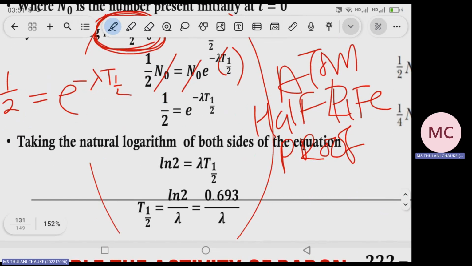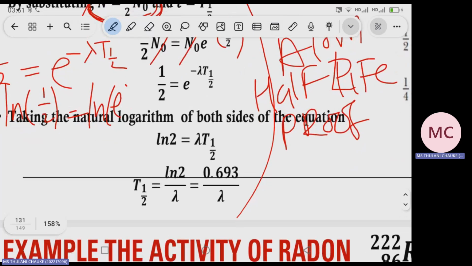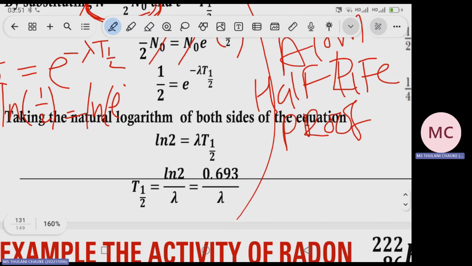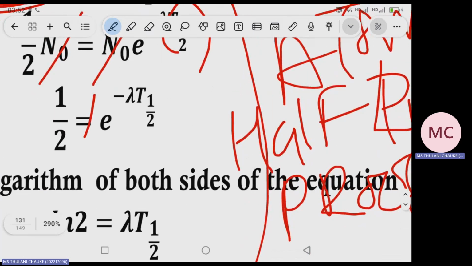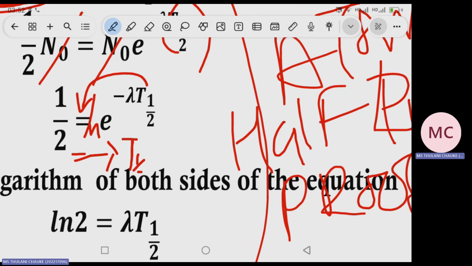In order to get that one, just introduce ln on both sides. Obviously ln of e will be 1, so they remain with negative lambda T half.